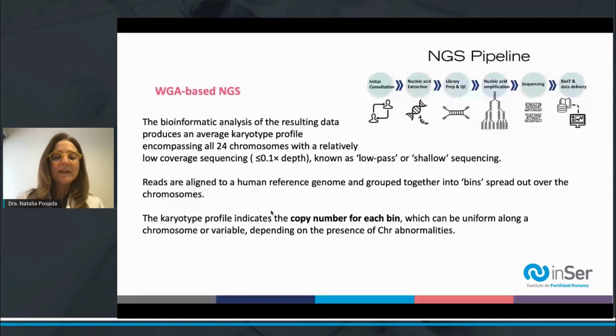This karyotype is then aligned against the reference human genome and grouped together into bins spread out over the chromosomes. So the karyotype profile indicates the copy number of DNA for each bin, which can be uniform along a chromosome or variable, depending on the presence of chromosomal abnormalities.